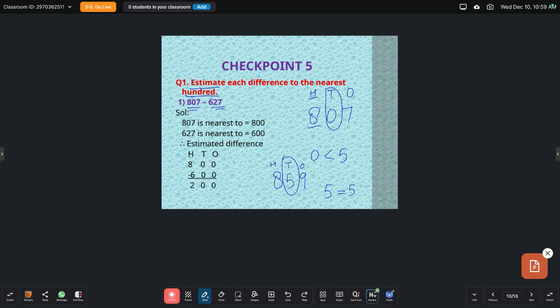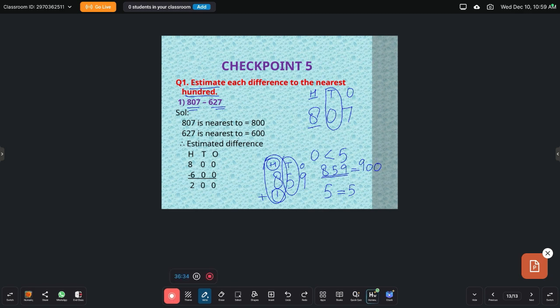If the digit at tens place is greater than or equal to 5, then we have to add 1 to the digit at hundreds place. That means 859 will be rounded to the nearest 100, that is 900.